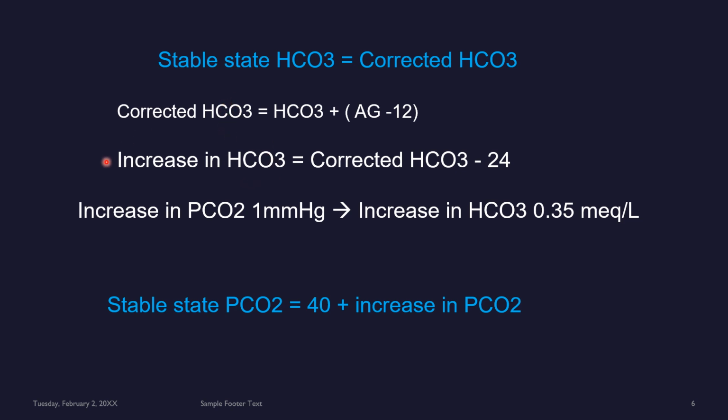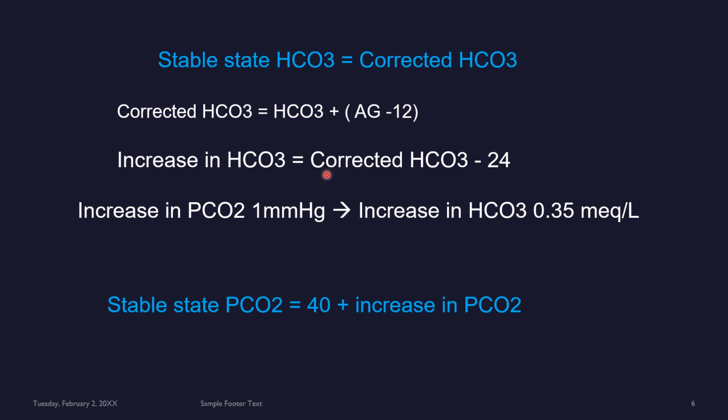How much increased? So the increase in bicarbonate equals the corrected bicarbonate minus 24, the standard one. And we have the formula. This is the formula in a COPD patient in chronic state. An increase in partial pressure of carbon dioxide of 1 millimeter mercury will be associated with an increase in the bicarbonate of 0.35 milliequivalent per liter.